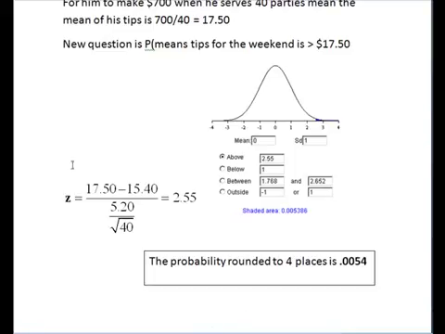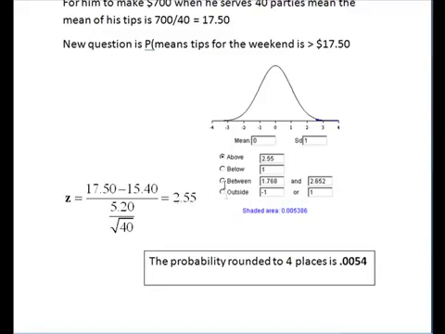So we're going to use the central limit theorem and compute a z-score corresponding to his getting $17.50 for a tip on a particular party. $17.50 minus his average tip of $15.40 divided by the standard deviation, which according to the central limit theorem is the population standard deviation over the square root of the sample size, is 2.55.